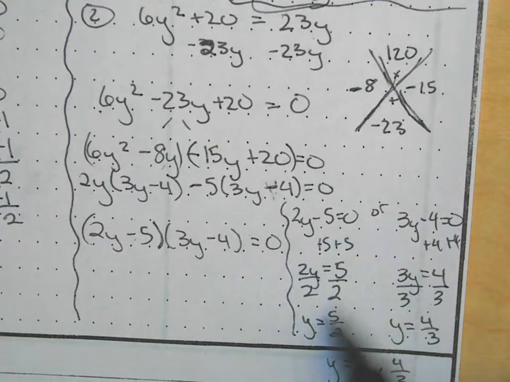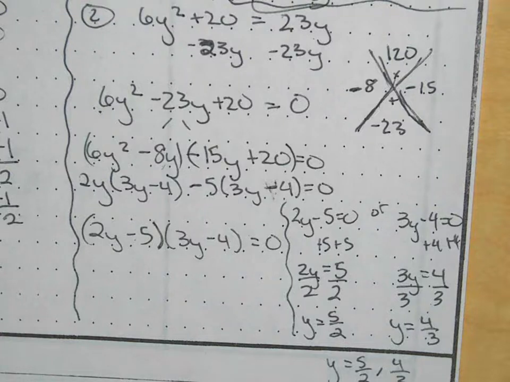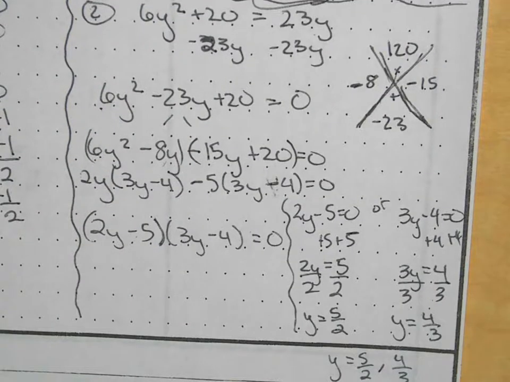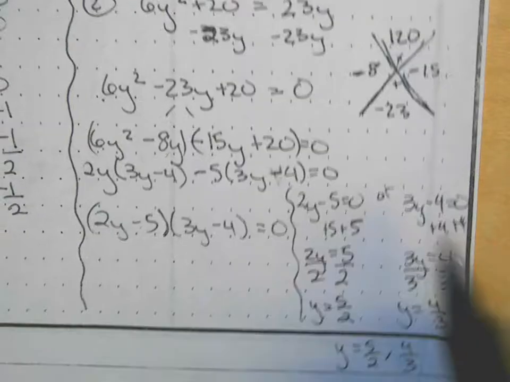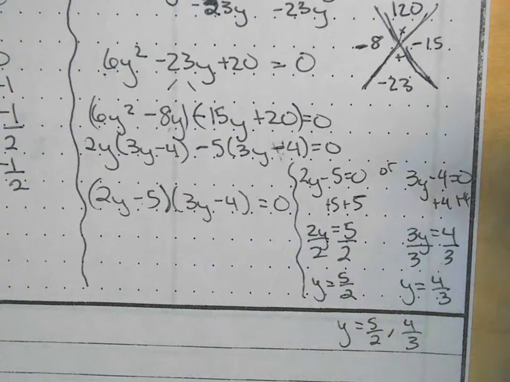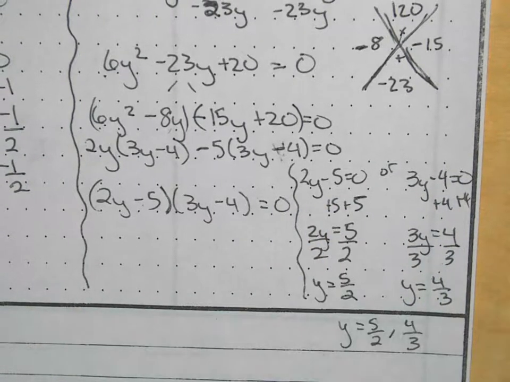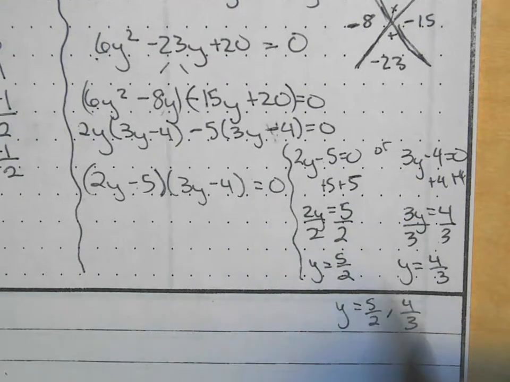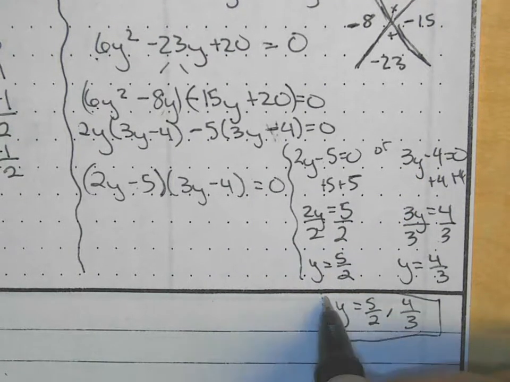And then I'm just solving some relatively simple, in comparison to other equations, pretty straightforward, two-step equations. So we just solve each two-step equation, and then we get our two answers.